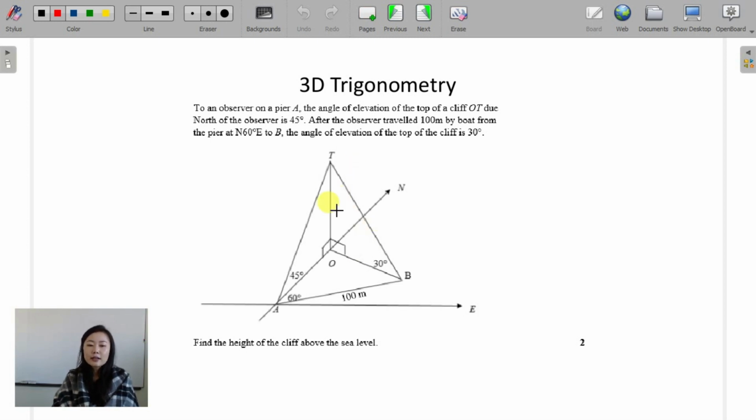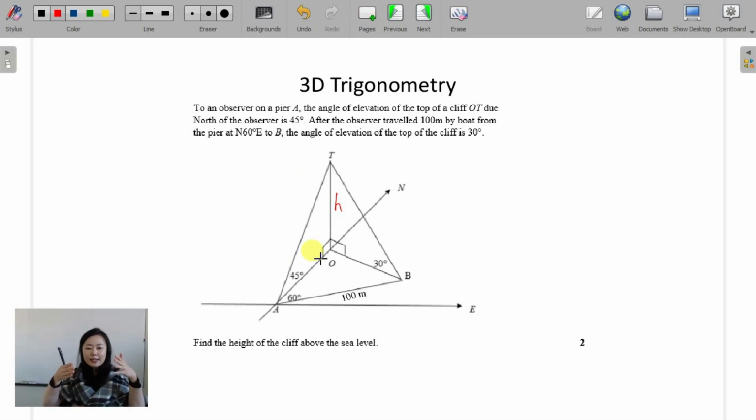Okay, so basically in this question we are looking for the height, TO. There are 3 triangles here: TAO and TOB, which are vertical, and on the horizontal plane, there's AOB. These are actually right angle triangles.